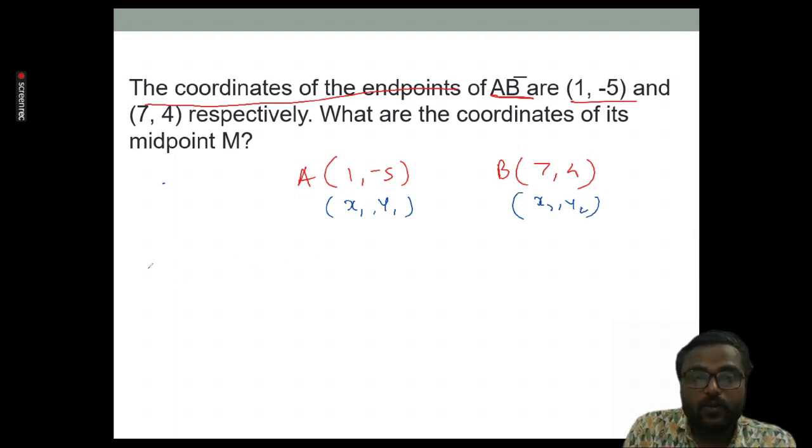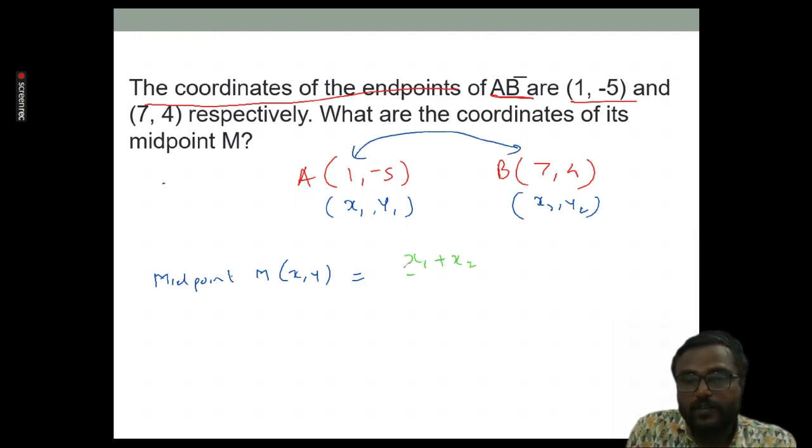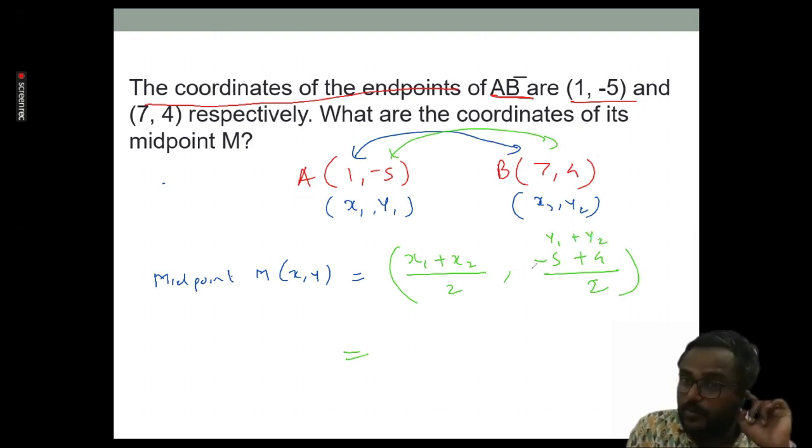As we already know, the midpoint M (x, y) will be nothing but the average of these two, x1 plus x2 over 2, comma, and the average of the y values, y1 plus y2 over 2.